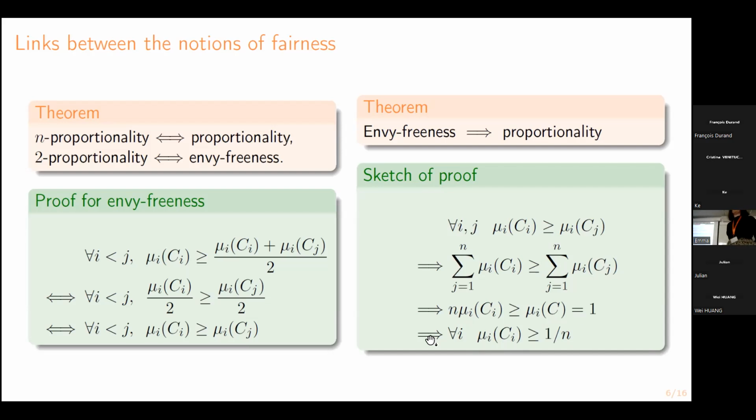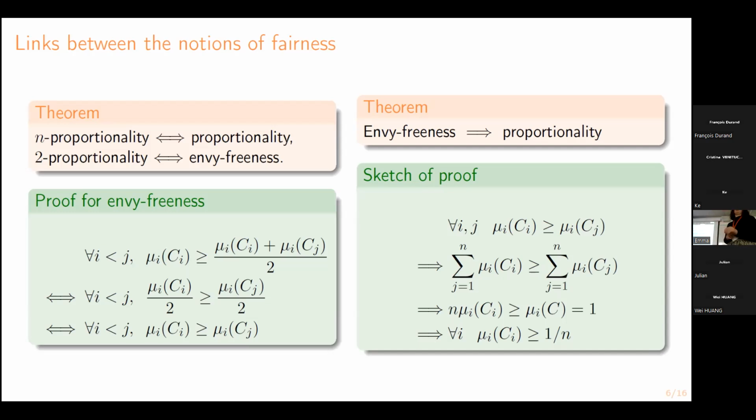Does that also hold for k-proportionality? If envy-freeness implies k-proportionality? Yes. The same proof seems to hold, but I may be missing something. Well, I think it still holds. I think envy-freeness implies k-proportionality because here you sum on k, so you will have k here, and this is just the thing you see appear in the k-proportionality.